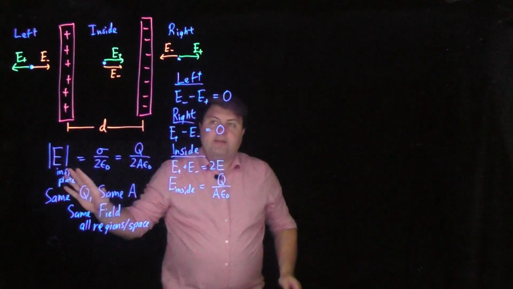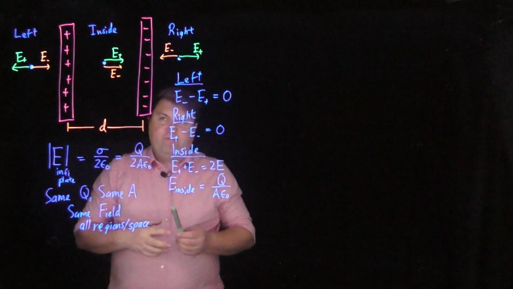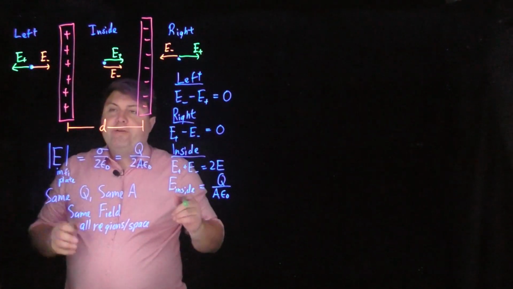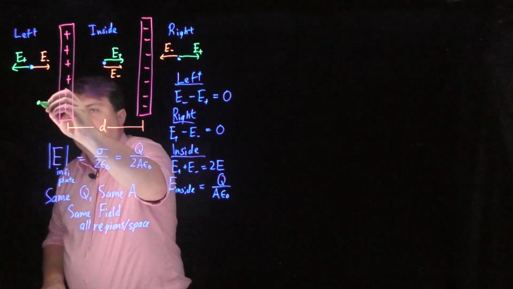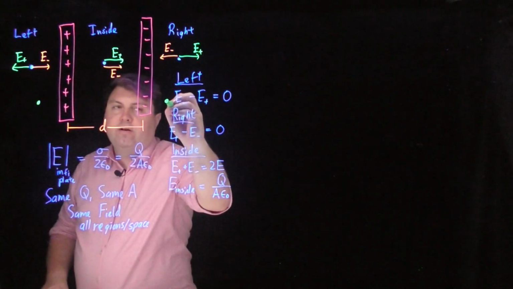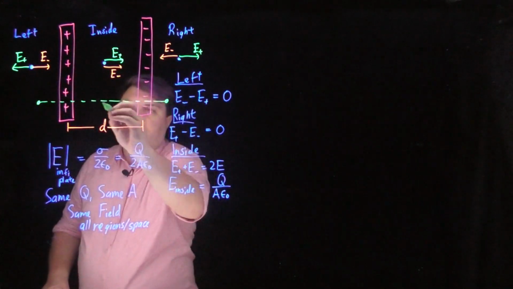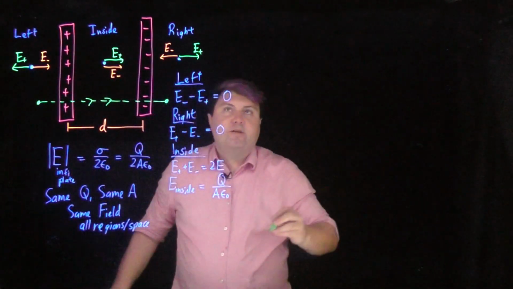This is all great, but this is still electric fields. What about electric fields and electric potential? What if we were to take a path from here to here to find the electric potential?